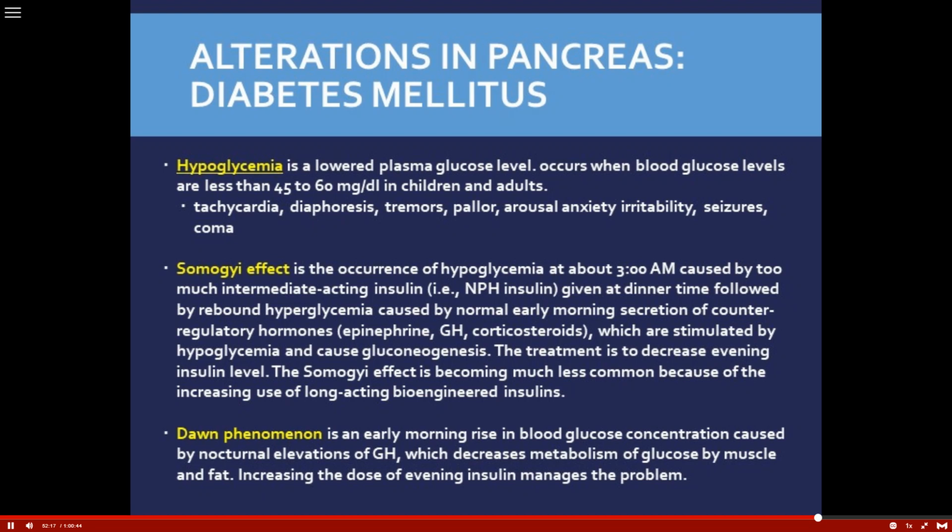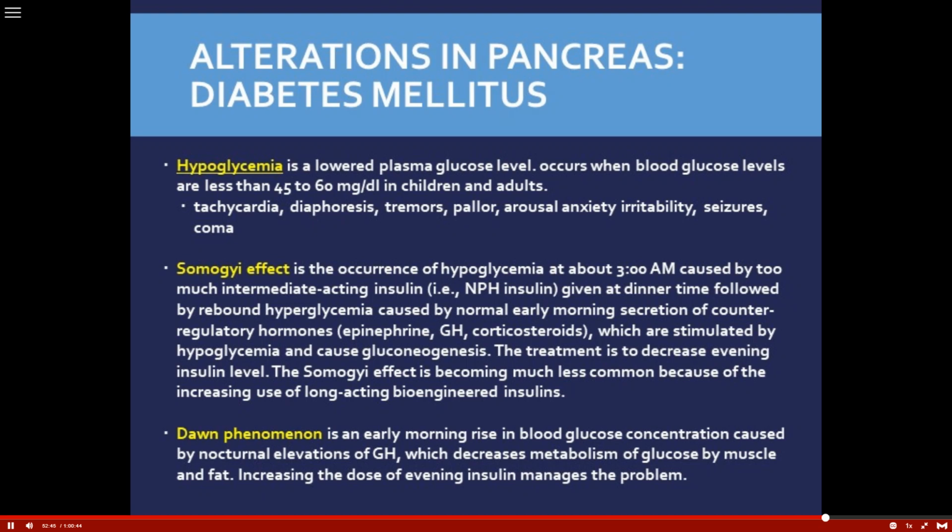The difference is that with the Somogyi effect, there's too much insulin. What happens is that insulin takes hold, usually NPH, around 2, 3 a.m. It plummets the glucose.